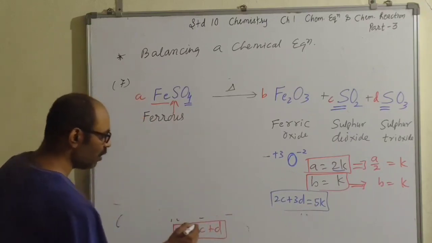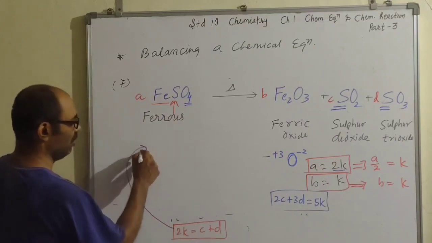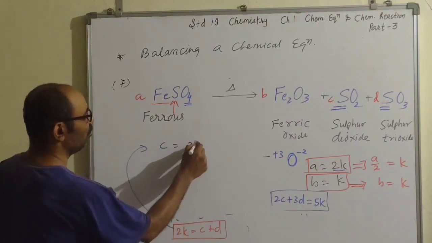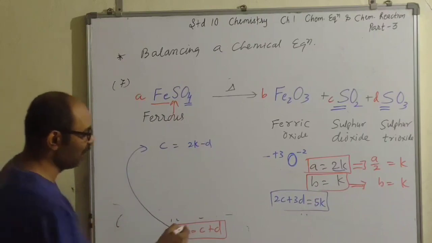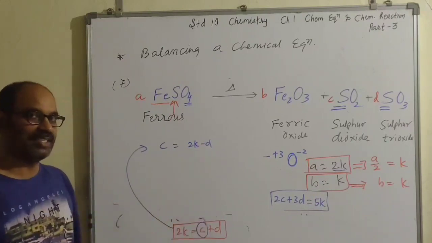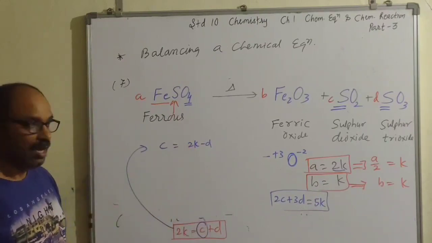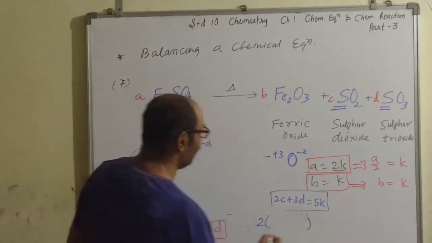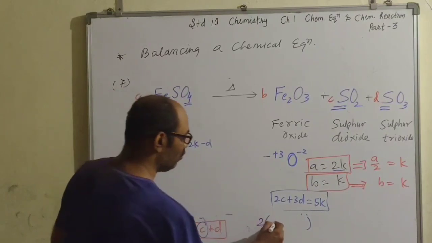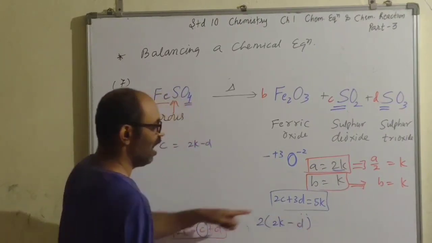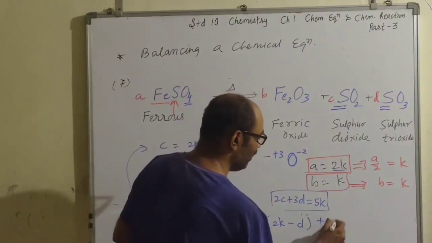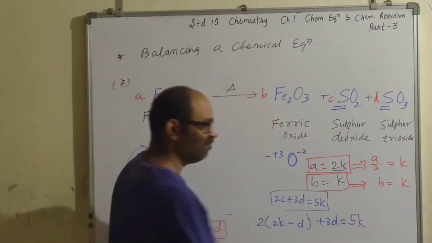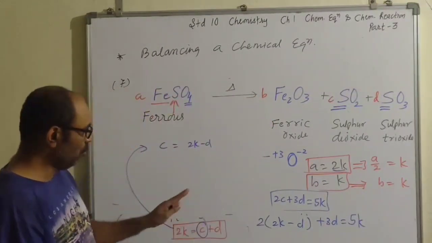Children, from this equation, what is C equal to? 2K minus D. I am making C subject of the formula. What is C? 2K minus D. I am going to put this value here. 2 into C. What is C? 2K minus D. आगे बढ़ो. Plus 3D is equal to 5K. मजा आया? क्यों?